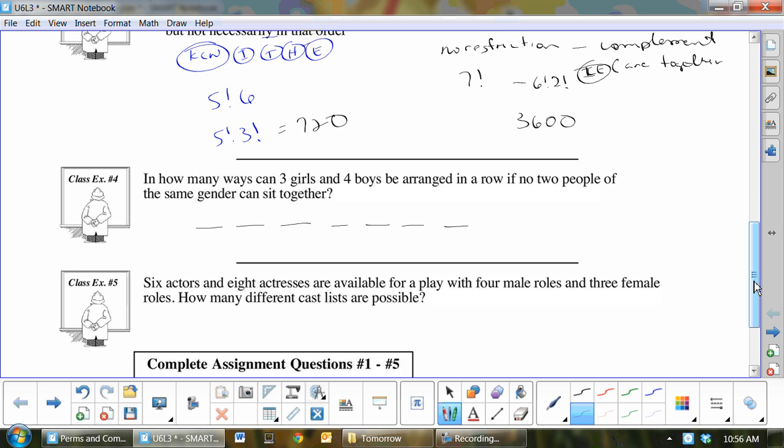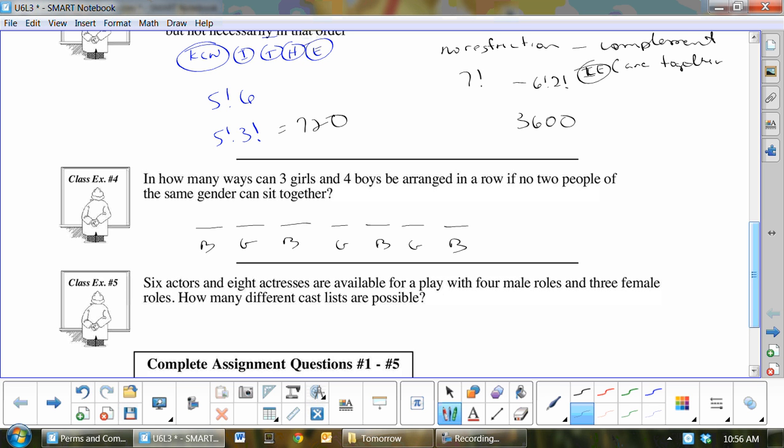Now, there's something that has been given to you that is quite significant, that you have to be able to deduce to be able to go on with this. How would it be arranged in this row? It would have to be boy, girl, boy, girl, boy, girl, boy.